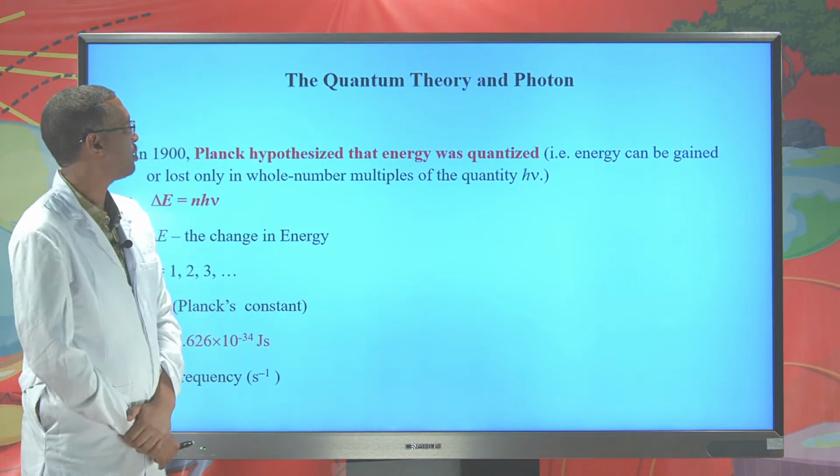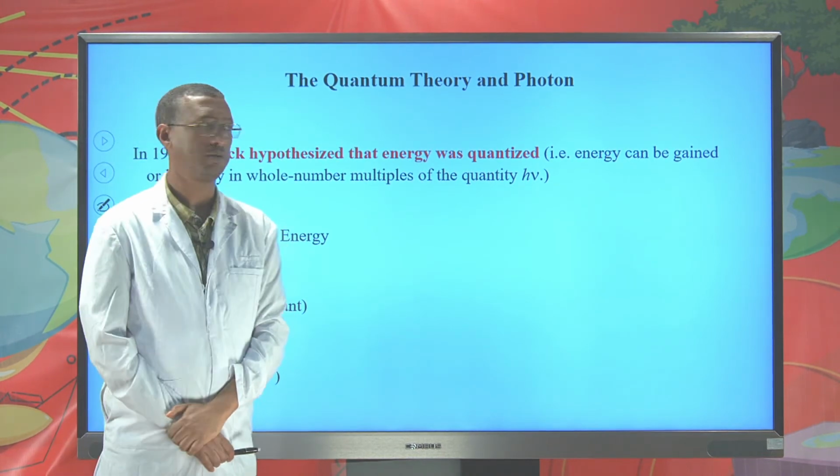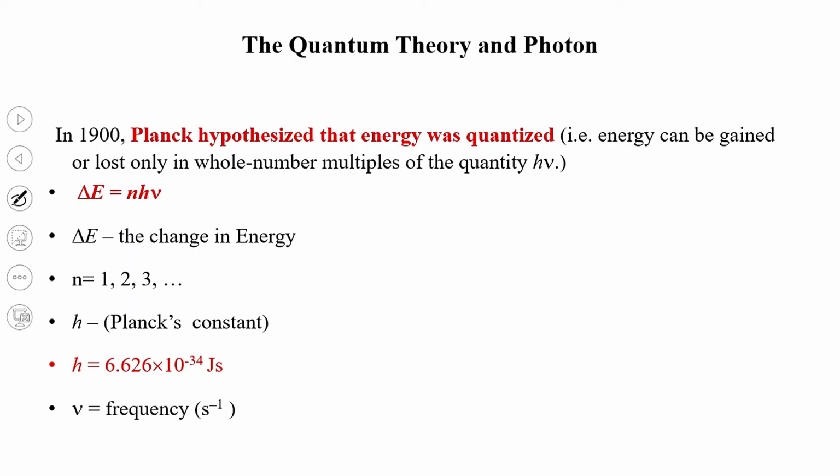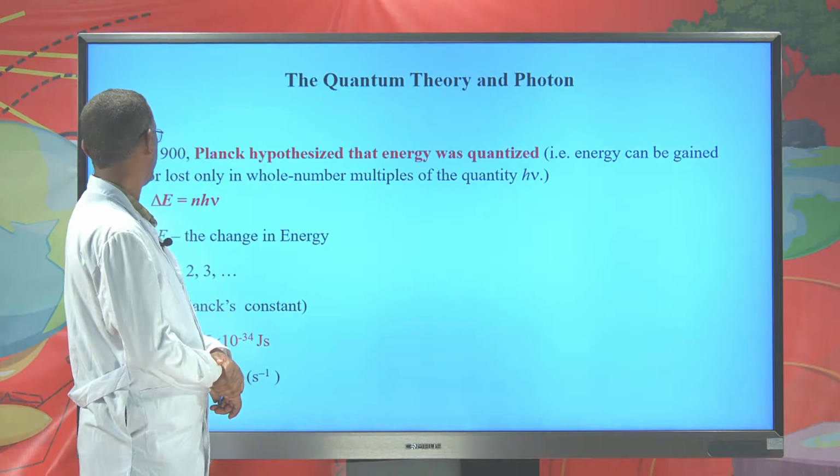The quantum theory of photons. In 1900, Planck hypothesized that energy was quantized. That is, energy can be gained or lost only in whole-number multiples of the quantity h nu.